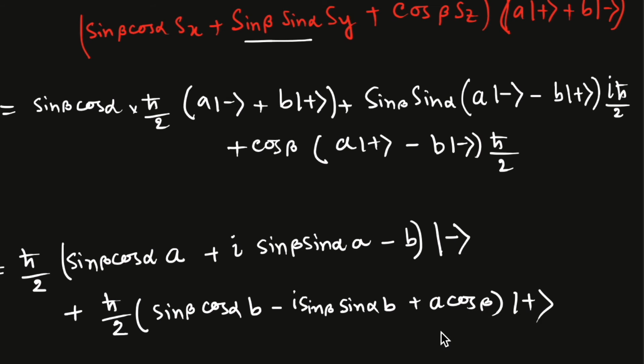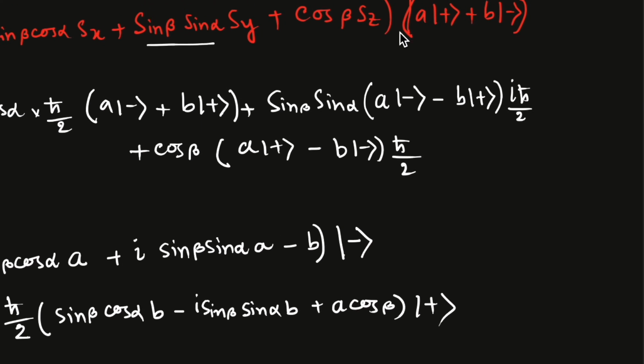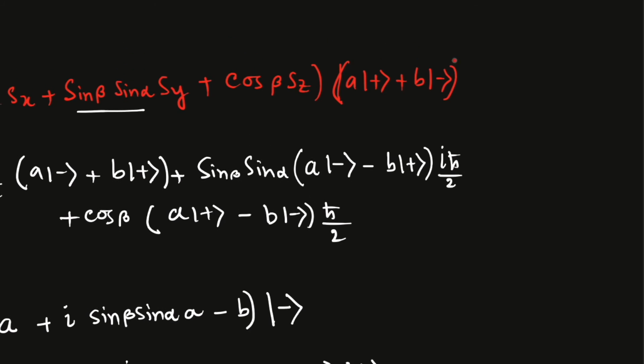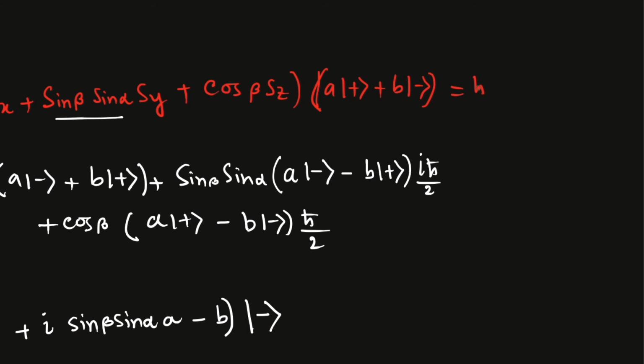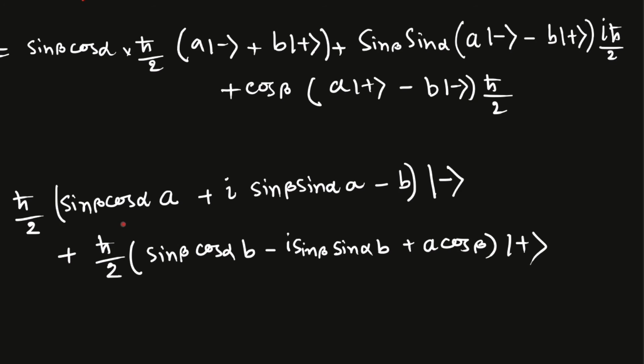And since this is the eigenket of this operator, this should be equal to h cut by 2 a plus b minus. That means this term is equal to b and this term is equal to a.